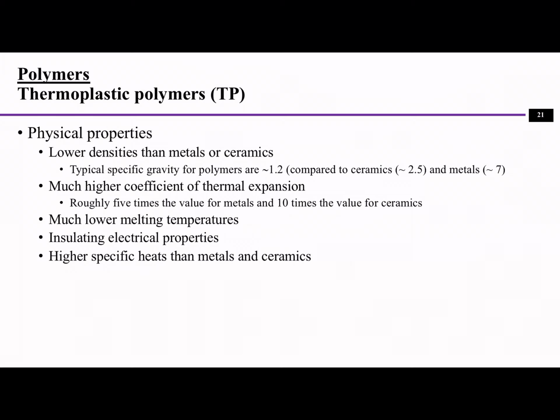Thermoplastics usually have lower densities than metals and ceramics, but a much higher coefficient of thermal expansion. We saw that from the graph. Usually it's about 5 times the value for metals and 10 times the value for ceramics.